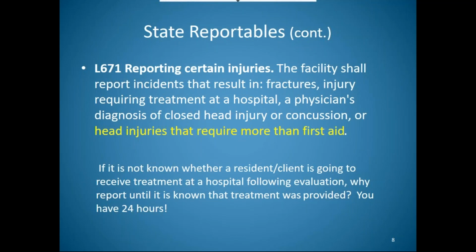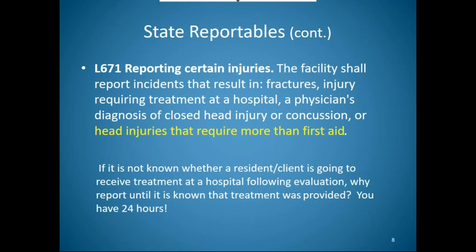Anytime you have a fracture, that's going to be reported. So if they get an x-ray in the facility and they diagnose them with the fracture, if they're sent to the hospital and they're diagnosed with the fracture, it's going to be reported. Injuries requiring treatment at a hospital: just because a resident was transported to the hospital does not mean that needs to be reported. What you're going to need to distinguish here is diagnostic procedures versus treatment.